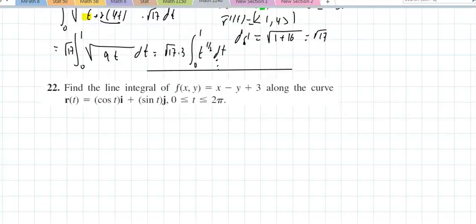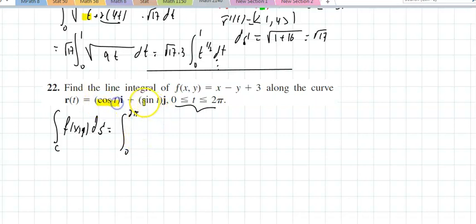And 22, the same deal, except here they give us the limit. So that's the integral along C of f of x, y, ds. You could just say f if you really want. That doesn't really matter. That's the integral from 0 to 2 pi. And let's see. We are going to take, remember how this plays, we are going to take this and this. You know what? I should use different colors.